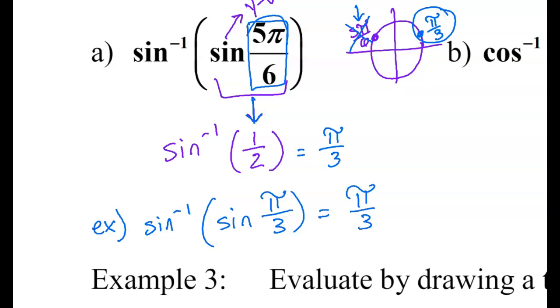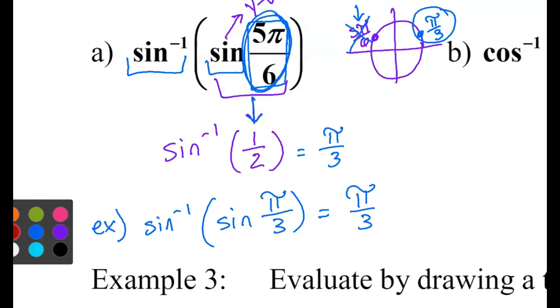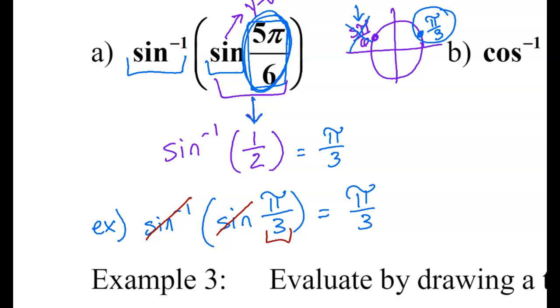If the angle they give you is in the correct domain, you can just cancel out the inverse and the original, and it is left with the angle. But because in this real example, in part A, 5 pi over 6 is not in the restricted domain, it's not our final answer. We have to find another angle.